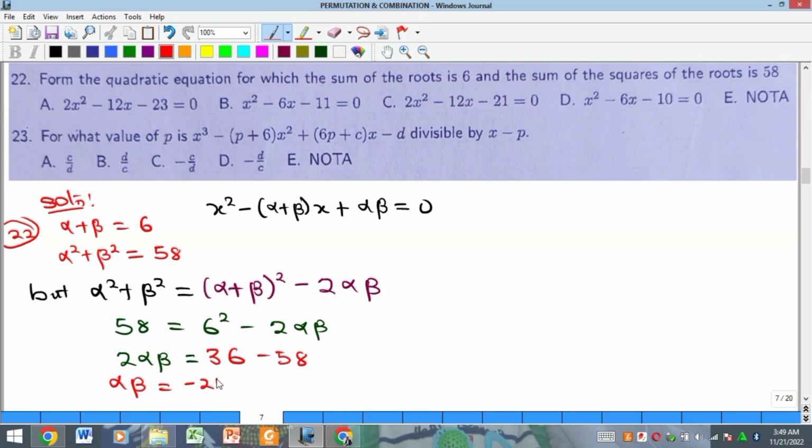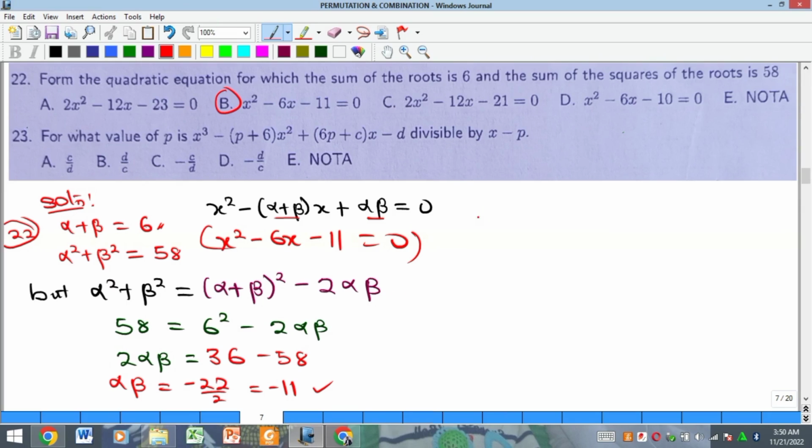And so when you divide by 2, you have minus 11. Therefore, the equation we are looking for is simply x squared minus 6, which is given here, attach your x, then alpha beta, which is minus 11 from what we have here, and everything is equal to 0. And so that is what we have as option B, and that's the solution.